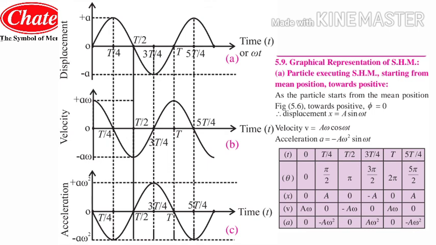Again students, if you put the value of 2 pi into the equation of acceleration, you will get 0. So the point will be going toward 0, lying over the x-axis. Likewise you put the value 5 pi by 2, and you will get the negative extreme position, lying at the negative extreme over the y-axis. So the point will now be at the negative extreme position. Thus students, we have drawn the graph of acceleration.